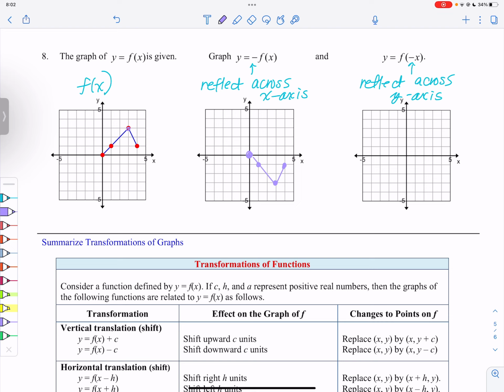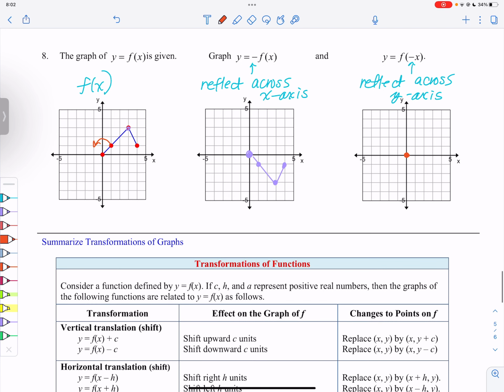Now, let's go ahead and take all of these across the y-axis. So this point now goes over here. This point now goes, what is that? 1, 2, 3, 3. So it's going to go all the way here.